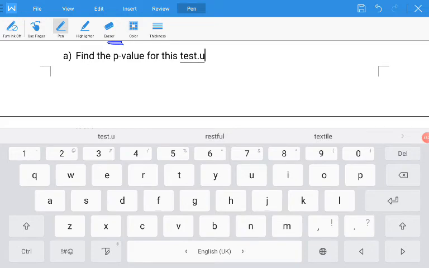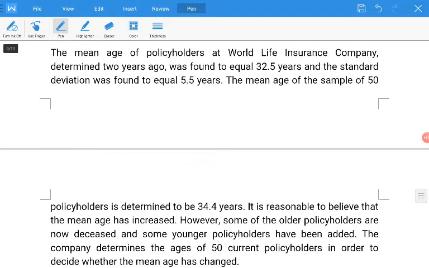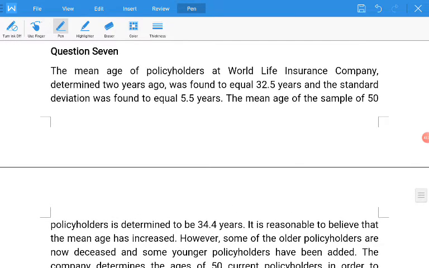Let's go on to look at question number 7. Question number 7 reads, the mean age of policyholders at World Life Insurance Company determined 2 years ago was found to equal 32.5 years, and the standard deviation was found to equal 5.5 years.